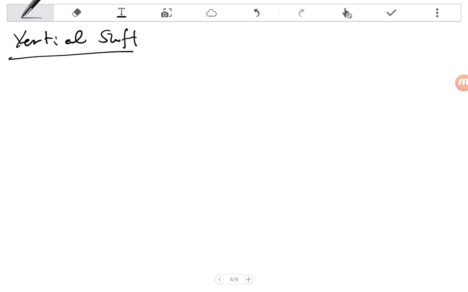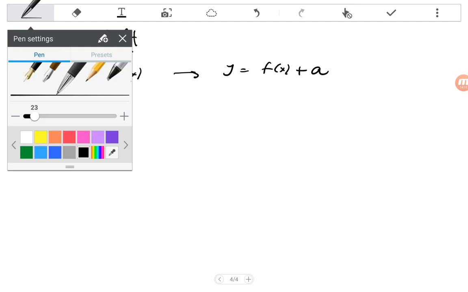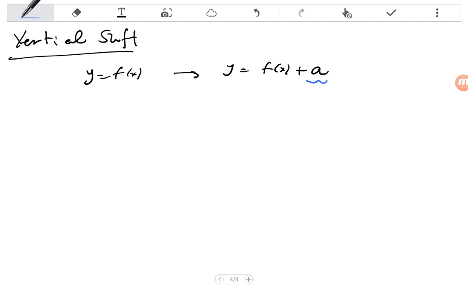For vertical shift, the rule states that if I have some function y equals f of x, then to graph y equals f of x plus some number a, you just shift the function vertically in the same direction as that a.